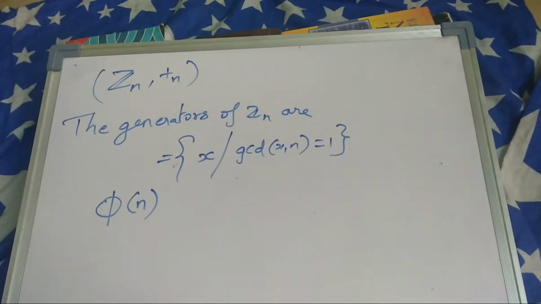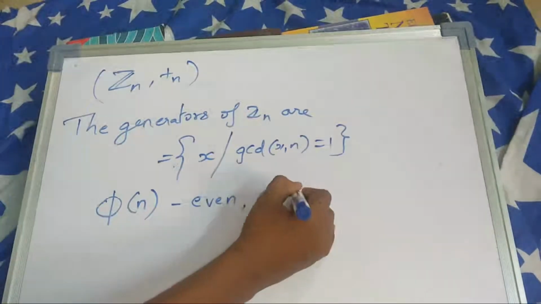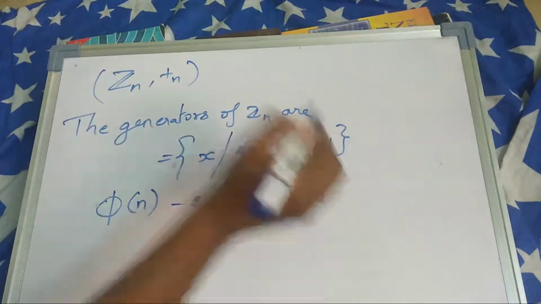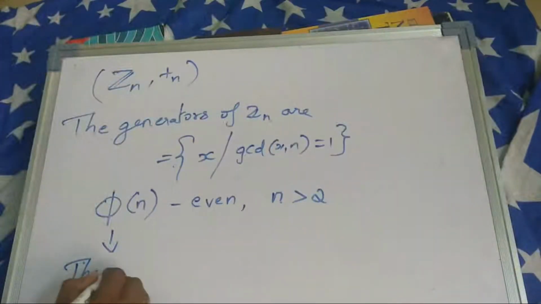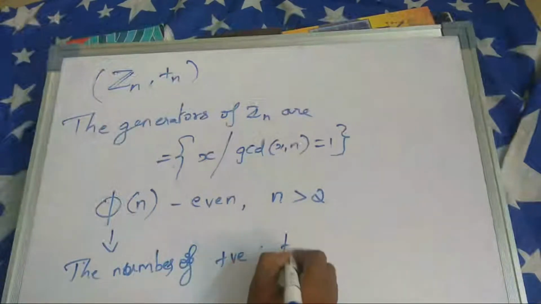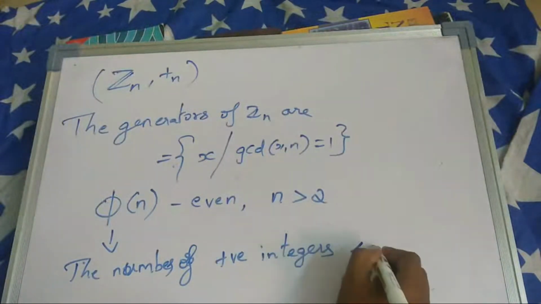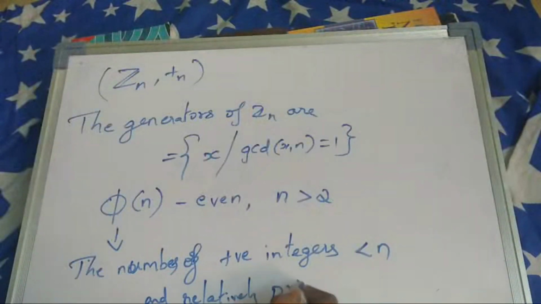And that is why, in the previous claim, you can refer to your number theory books, phi of n is always even when n is greater than 2. Phi of n is the Euler totient function. It refers to the number of positive integers less than n and relatively prime to n.